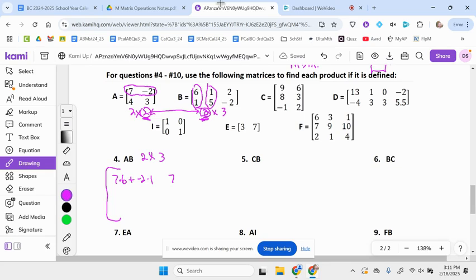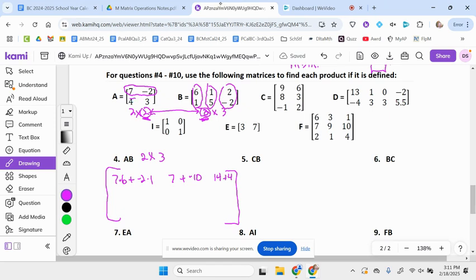Now we can do the multiplying. 7 times 1, 7, plus -2 times 5, -10. And then you take the first row and multiply it by the third column. 7 times 2 is 14. -2 times -2 is 4. And then you add those numbers. So this would be, I don't know, a big number. -3 and then 18. Those would be good.